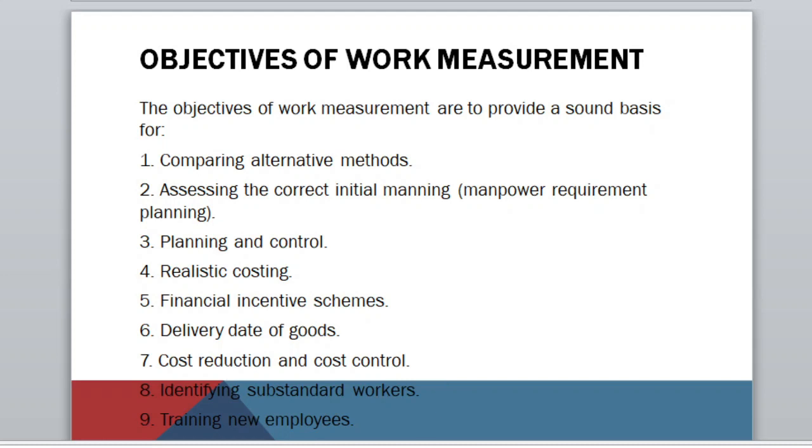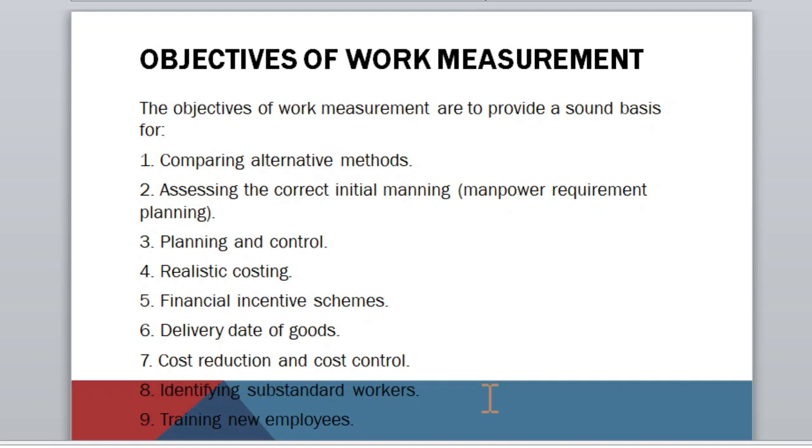Okay. So next is objectives of work measurement. The objectives of work measurement are to provide a sound basis for, first, comparing alternative methods. If we have different methods, as I said earlier, different areas and different workstations require different methods.